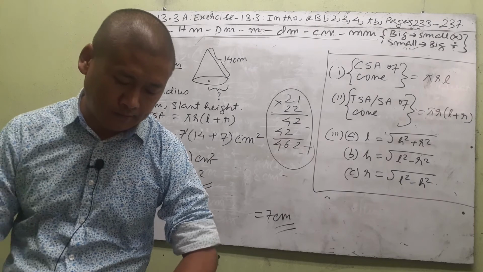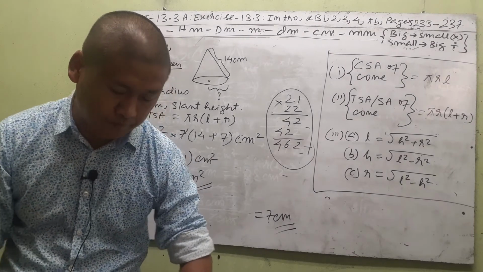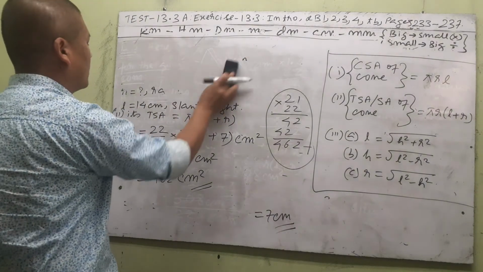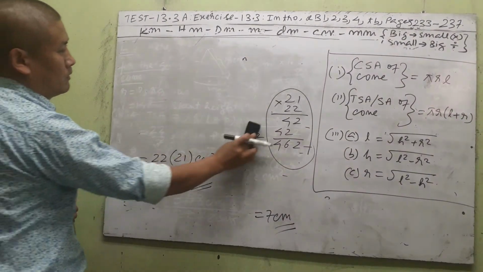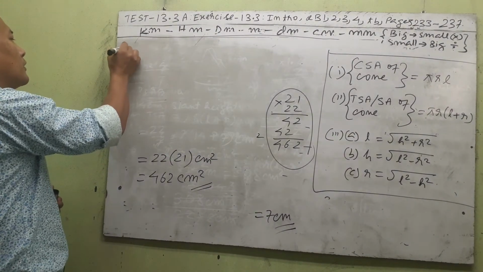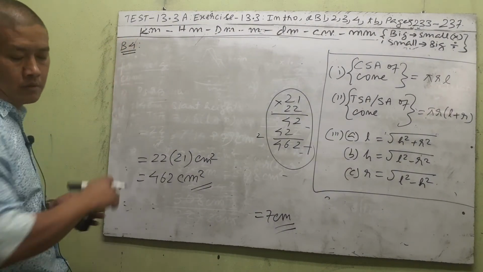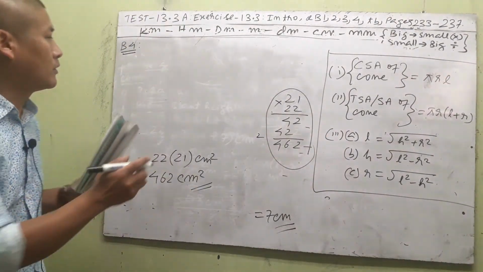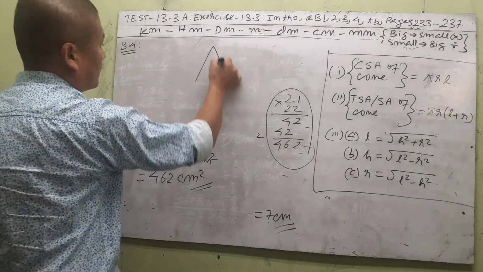Okay, one more question. That is B4, the last one. A conical tent is 10 meter high, radius is 24.